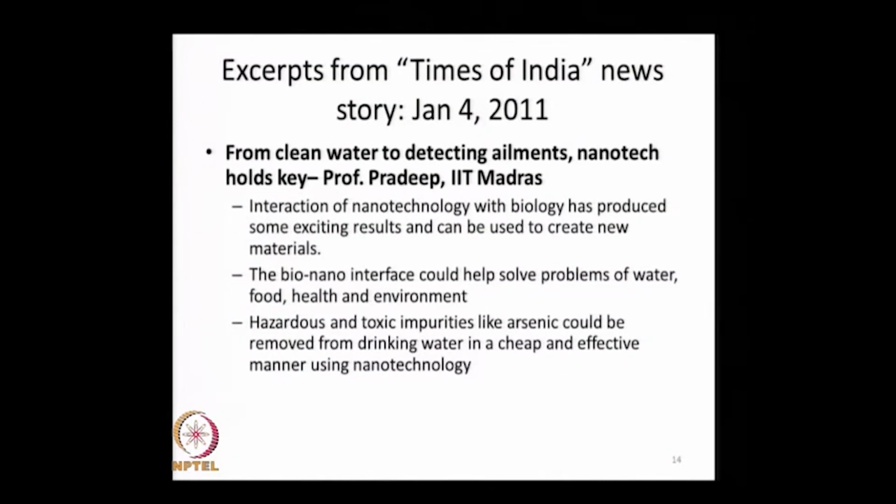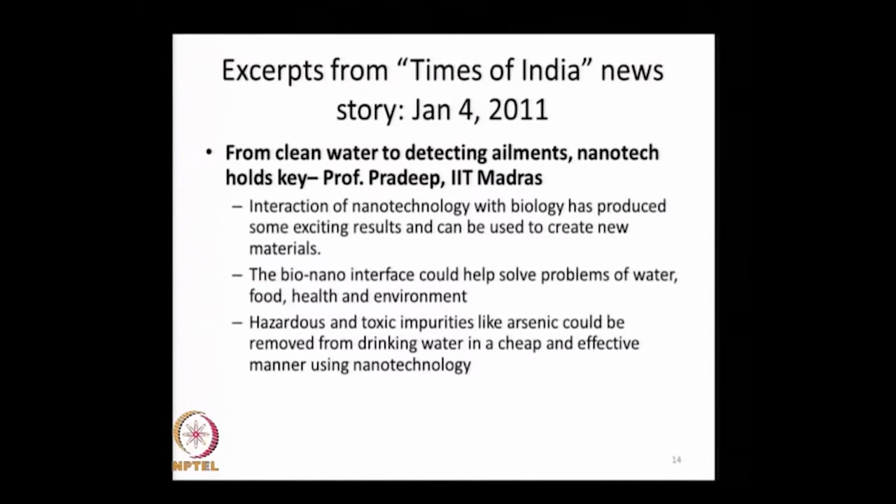More recently, in January 2011, there was an interview that Professor Pradeep had with the Times of India newspaper, where he said from clean water to detecting ailments, nanotechnology holds the key. In fact, more recently nanobio has emerged as a very interesting discipline to work in. The interaction of nanotechnology with biology has produced some exciting results and has been used to create new materials.